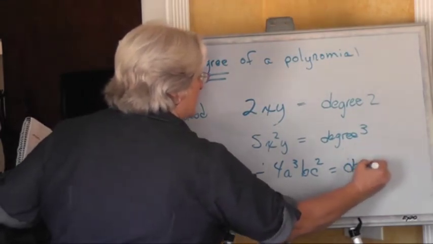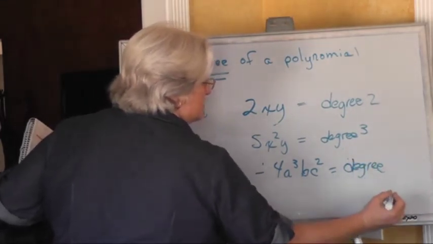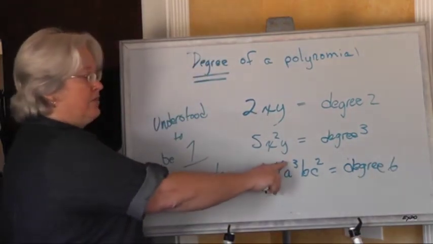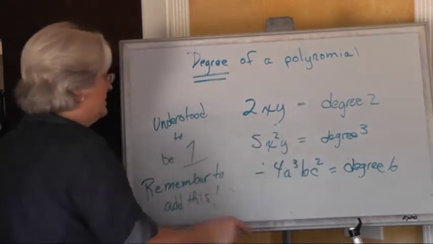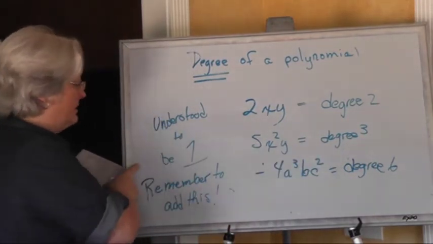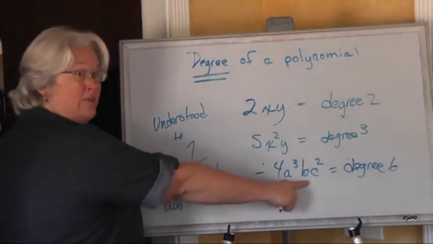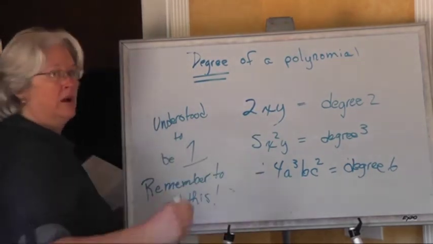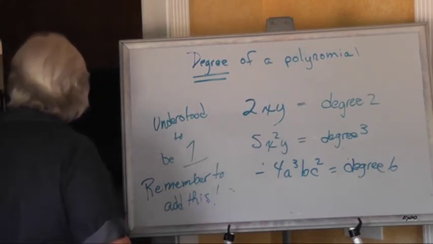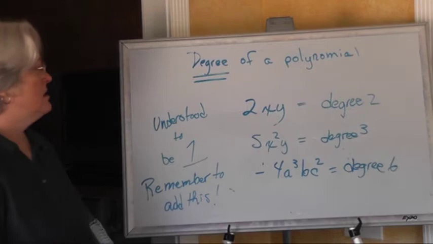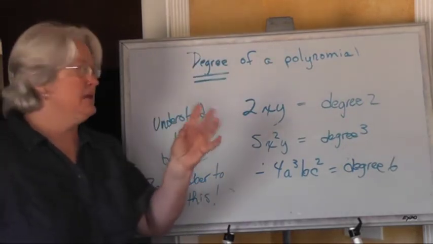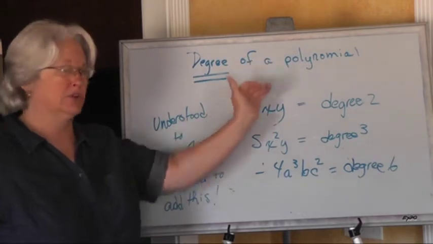No, it's not 3 plus 2. It is degree 6, because we have 3 plus 1 plus 2. Remember that the exponent is understood to be 1 when you just have a single factor of the variable, and you've got to remember to add that. Okay? Now, the degree of a polynomial is tied in to the degree of a term.